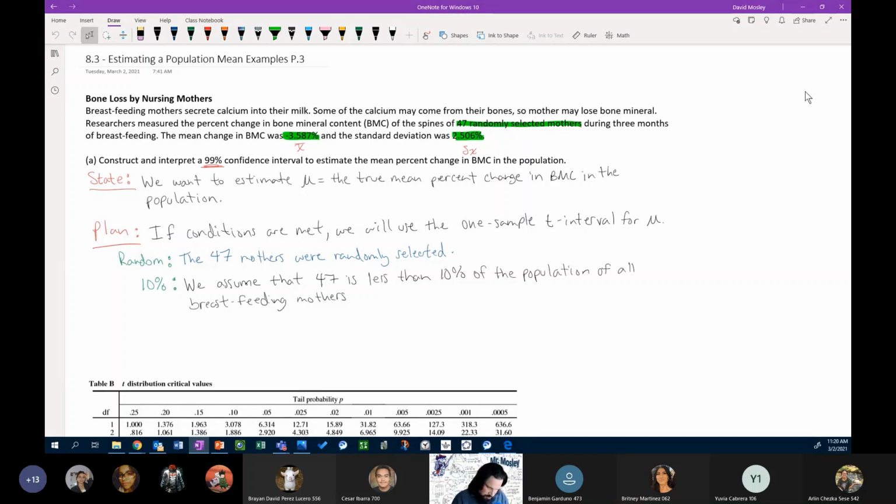And then we have our normal large sample condition. Since n equals 47 is greater than 30, the sample is large enough.